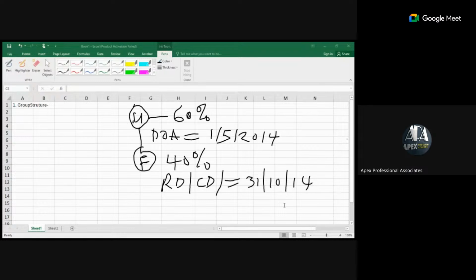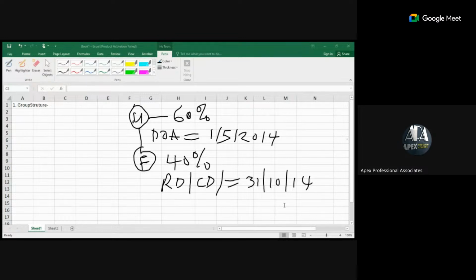So what we need to do now, since the date is starting from the first day of May, you have to count May, June, July, August, September, October. So 6 months is the correct answer. So we have 6 months in between.